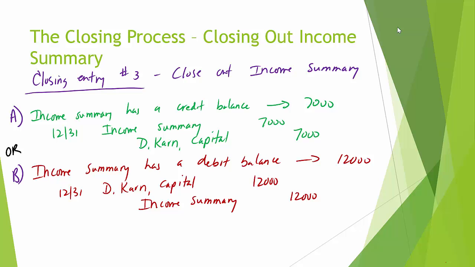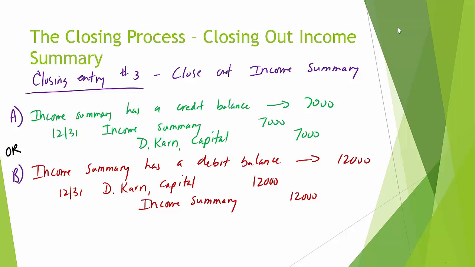Because remember, we need to have our general ledger T account for the capital account match exactly what the ending balance of the statement of owner's equity represents it needs to be.